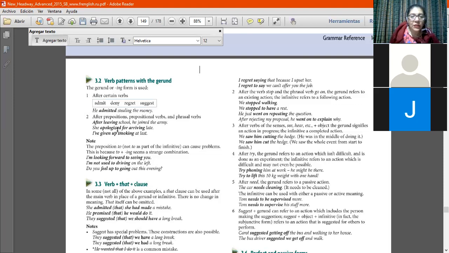So those are just gerunds or ing forms, and you need to be really specific when you read this. And only this, the preposition to, not to as part of the infinitive, can cause problems. This is because to plus ing seems a strange combination. Yes, it is a strange combination.